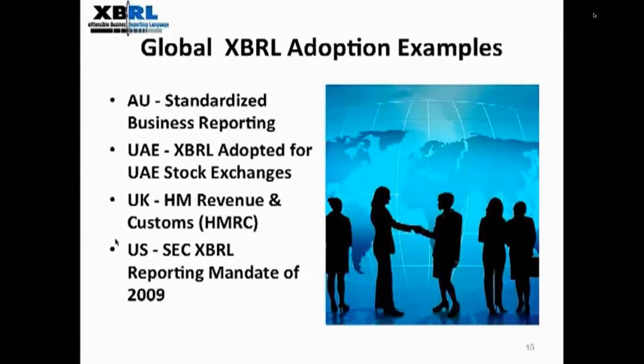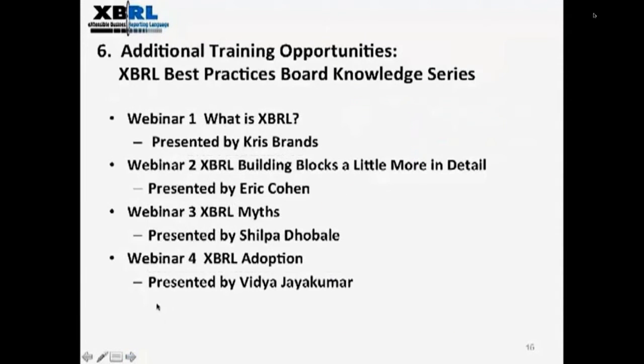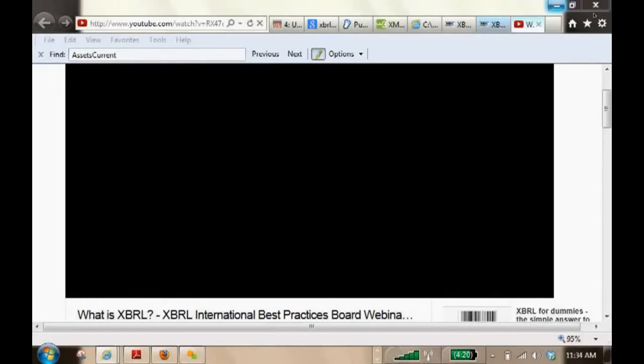And then finally, in the US, the SEC has had XBRL reporting mandated since 2009, which requires all publicly traded companies in the United States to file their regulatory financial statements, such as the 10-K and the 10-Q, using XBRL.